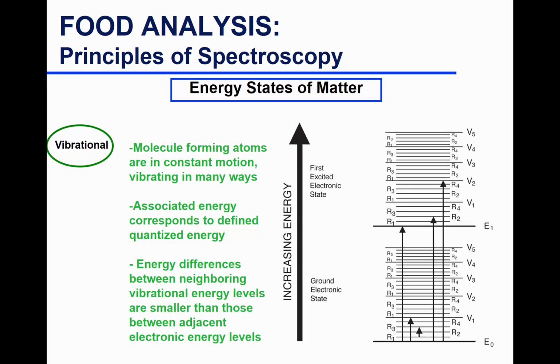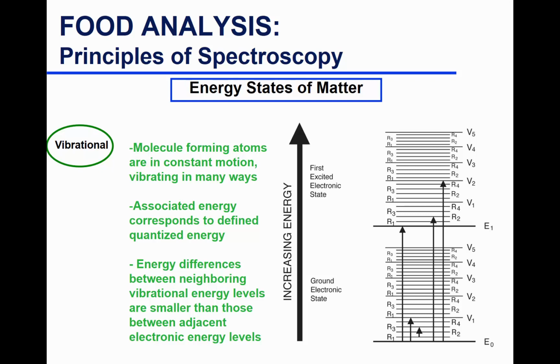Okay. So vibrational energy is very specific to molecules only, not atoms. Vibration is the vibration of atoms within a molecule that are bonded together. So the atoms in a molecule are in constant motion, vibrating in many ways, and we will cover that when I cover the IR lecture.